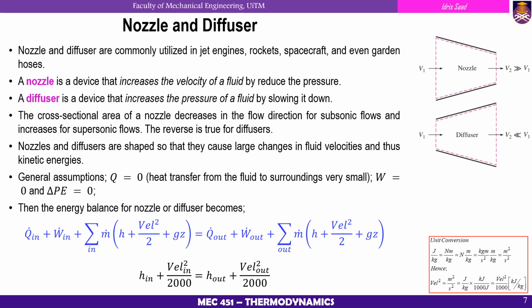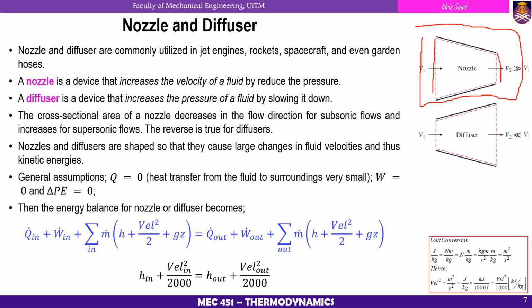The top figure illustrates the schematic diagram of the nozzle. As we can see in that diagram, the cross-section area at the inlet is way bigger than the cross-section area at the outlet of the nozzle. This geometry allows the velocity at the outlet to be way higher than the velocity at the inlet.